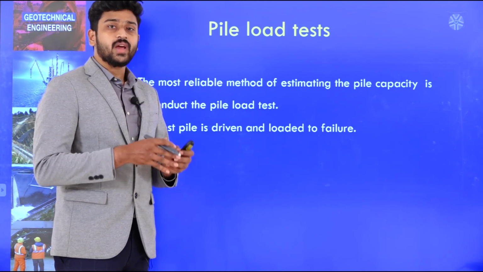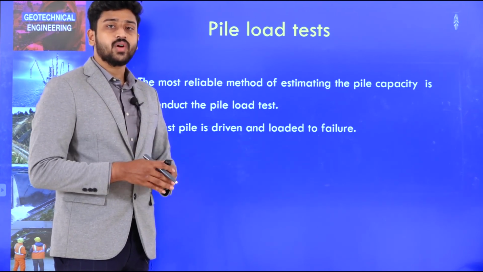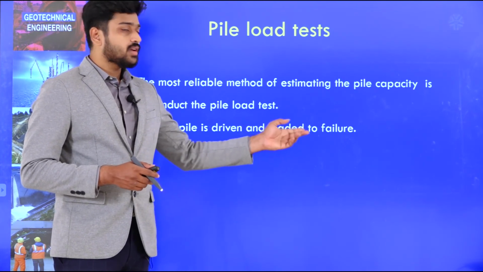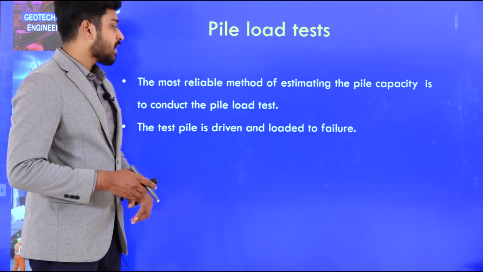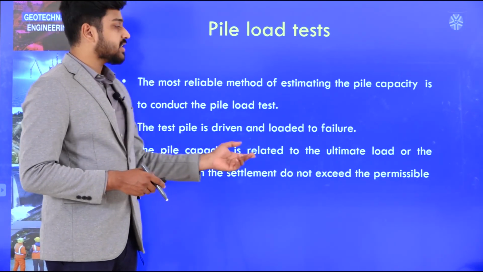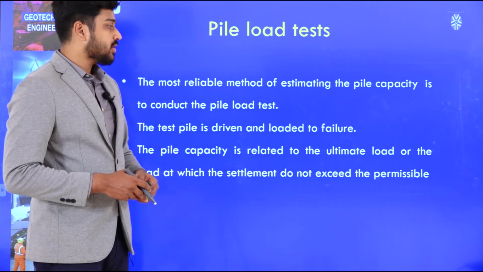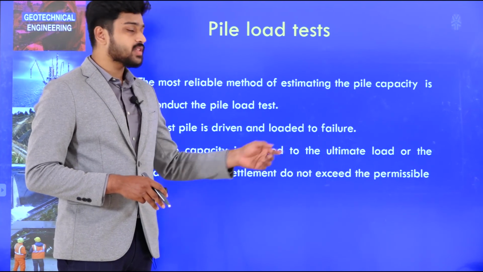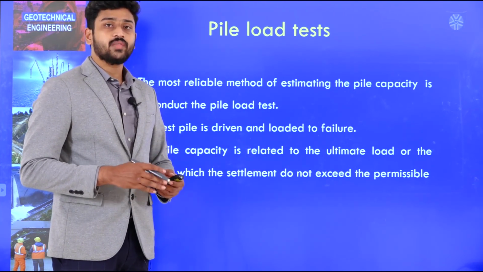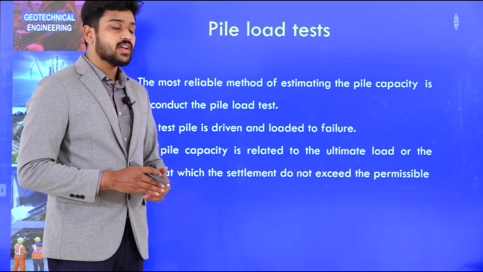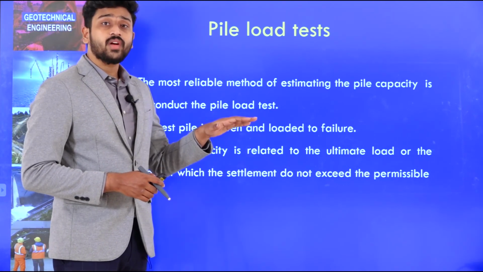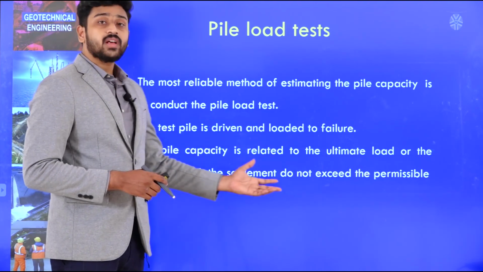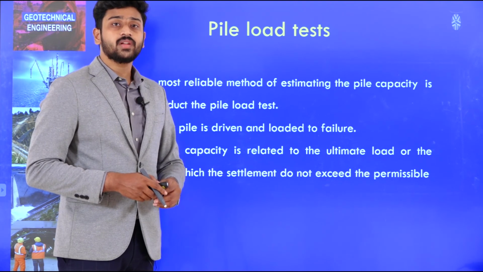That means, a pile for testing is driven into the soil by increasing the load, and it is tested up to failure. Then the ultimate capacity is related to the ultimate load, or the load at which the settlement does not exceed the permissible limit. Whatever permissible limit we are considering, make sure that the settlement does not exceed it for the load that we are providing.